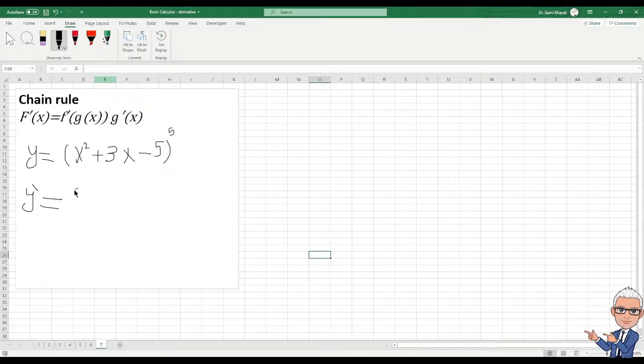This is 5, coming from here, times x squared plus 3x minus 5. See, I copy it. This one will be 5 minus 1, it will be 4.